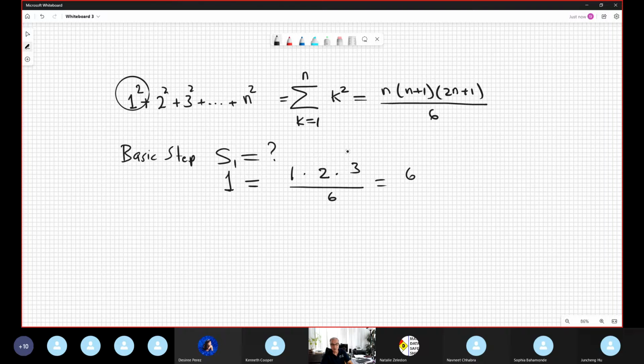Oh, it's 6 divided by 6. Cool, it's true. Suppose you don't get through here, you continue: 2, 3, 4, 5. Suppose you never get through to say definitely this is not true. Now let's move on to the important part, the inductive step.